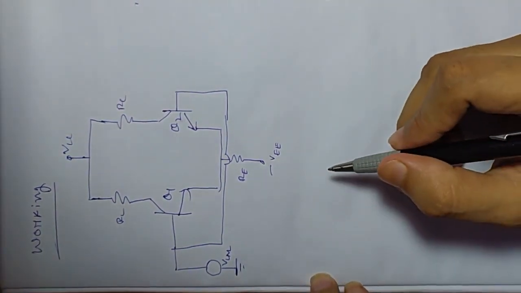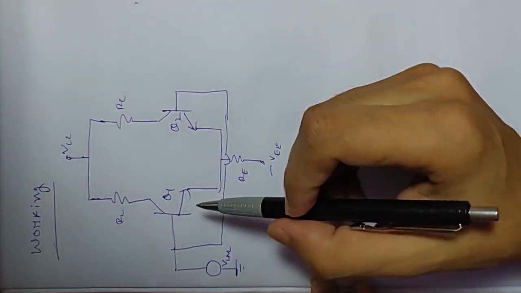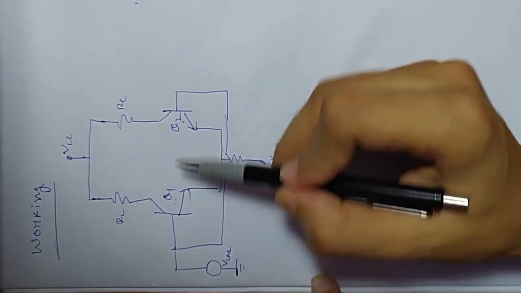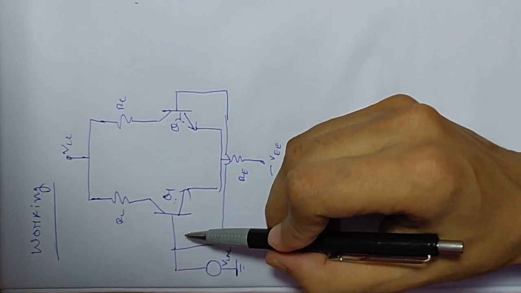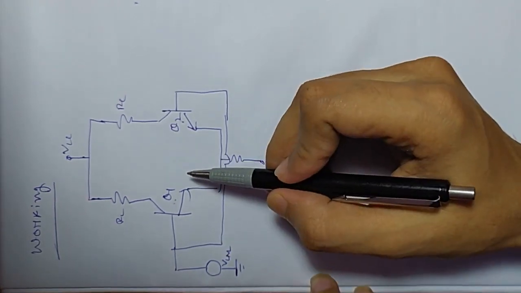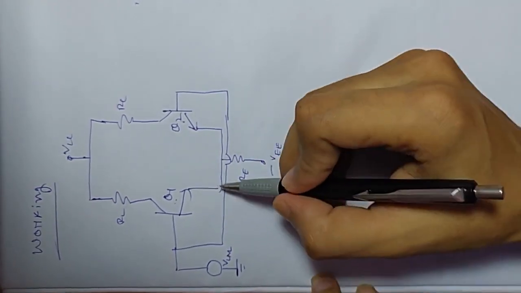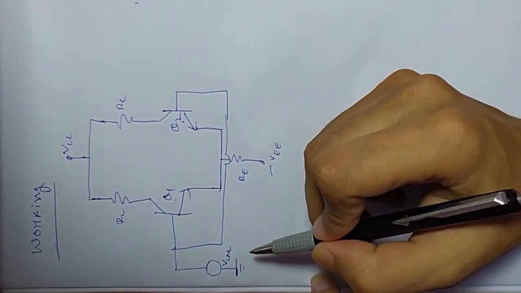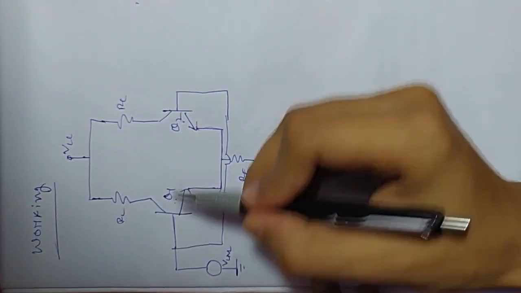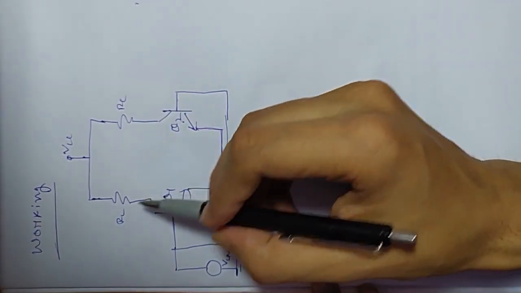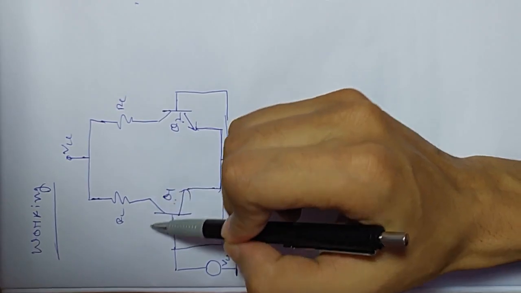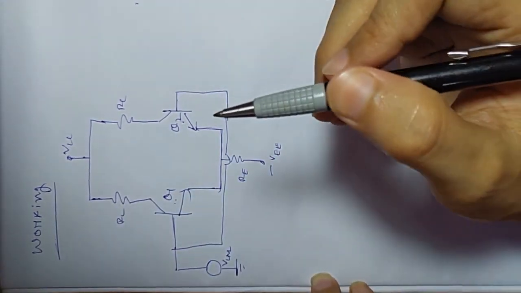As a result, if I assume both the transistors are identical, both the transistors are under the same voltage conditions. That means the two emitters are shorted together, the two bases have the same voltage, and the collectors have identical RC values.